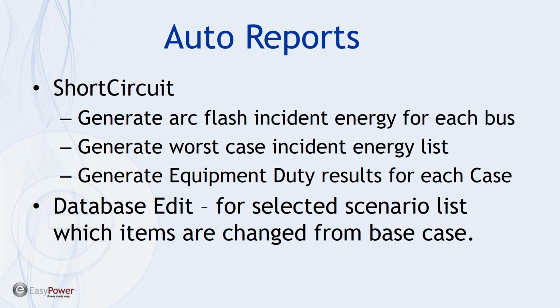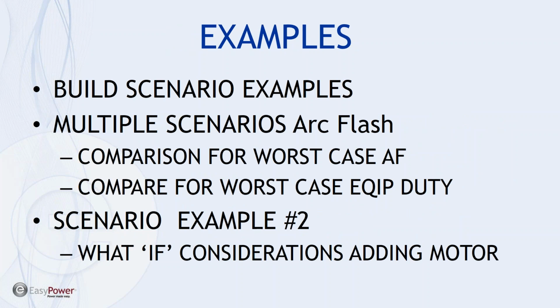This, as I mentioned, is a utility built into Database Editor, and it allows us to select from a list of scenarios which items are to be compared against the base case without changing the base case itself. So what we're going to do is run through a couple examples.